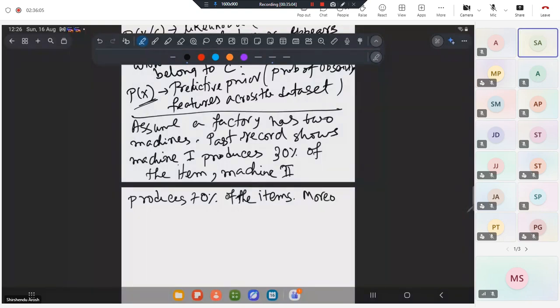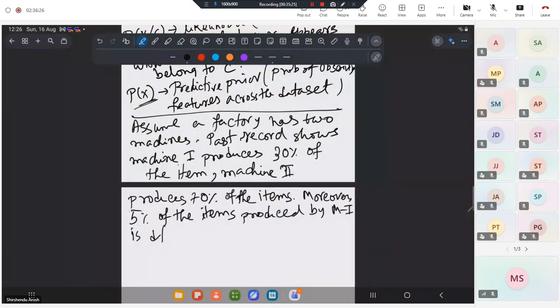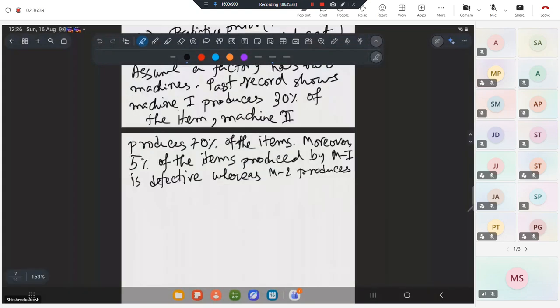Moreover, 5% of the items produced by machine one is defective, whereas machine two produces 1% defective items.